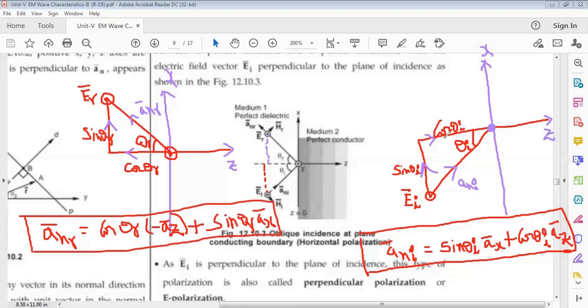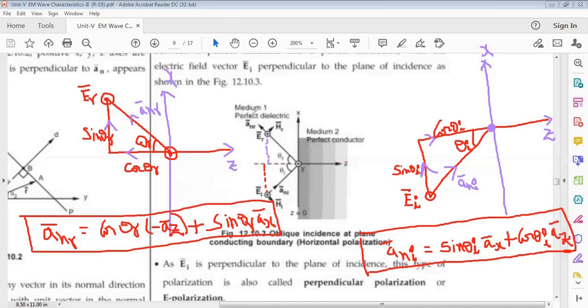From these two right angle triangles, from the first right angle triangle, we find out the ANI bar. ANI bar is equal to, we started here, and the sine theta is in the x direction, sine theta into AX bar, cos theta into AZ bar. Both are in the positive direction only, but in the reflection, ANR bar is equal to cos theta R into minus AZ bar, because it is in the opposite direction of the Z, plus sine theta R into AX bar, because it is in the X direction.